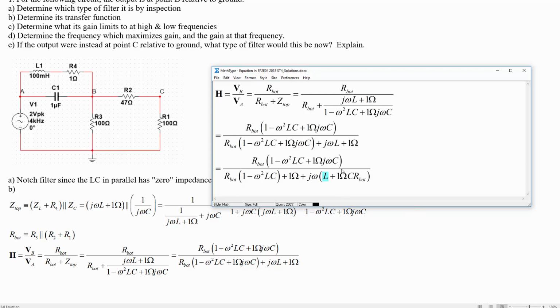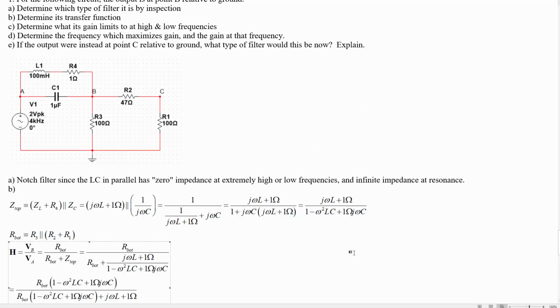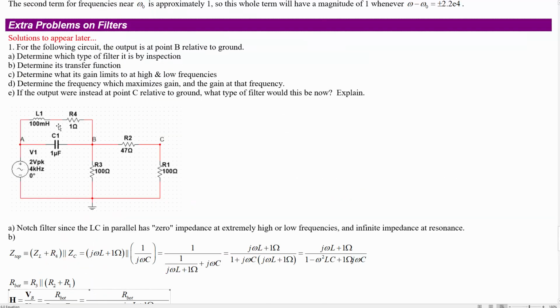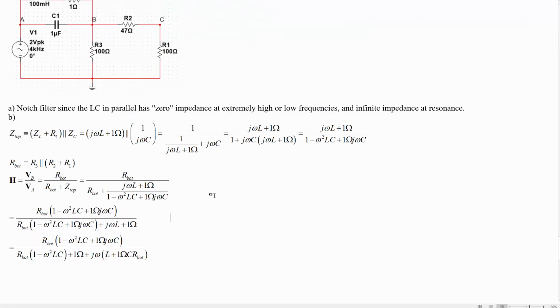But if L is much smaller than that stuff, then the transfer function is not quite going to go to 0. So if you were to replace this 1 ohm with like a 400 ohm or something, then we'd have something which is going a lot less to 0 as a transfer function in the middle there. Okay, so that's basically what we expect for this, and that's the analytical confirmation of the transfer function.